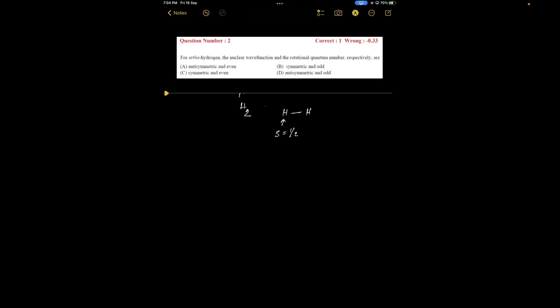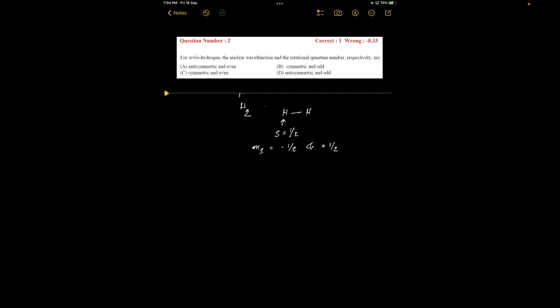So the magnetic quantum number ms can be minus half and plus half, right? That means the spin of each hydrogen atom has two types of orientation: one can be up spin and another can be down spin.